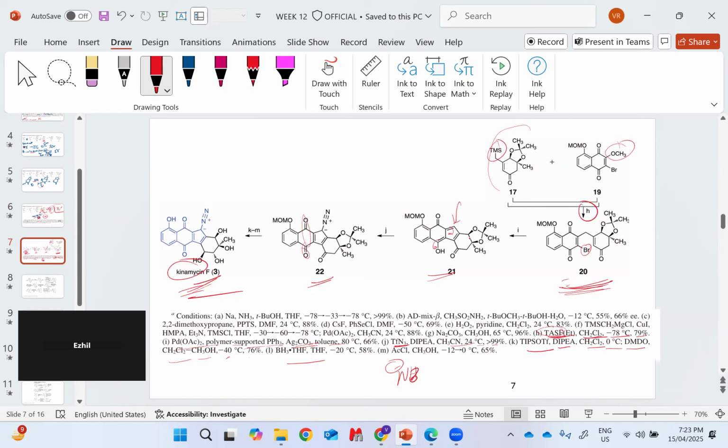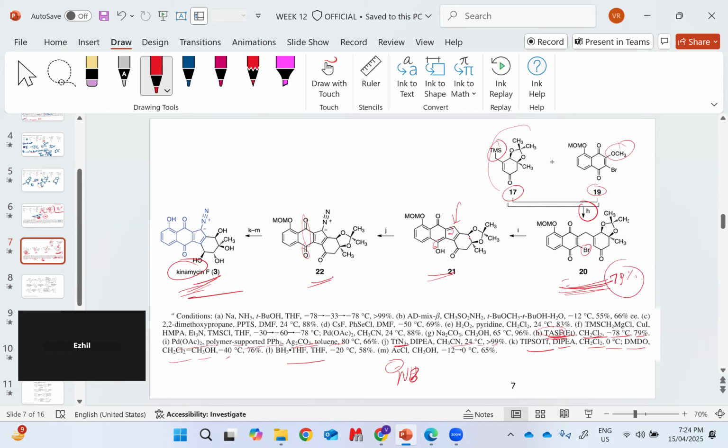Further, we have seen here, particularly in this step H, these two fragments, the 17 and the 18, are getting attached together by using the TASF, ethyl group reagent, at minus 78 degrees Celsius. So it gives the 79% yield of the product.